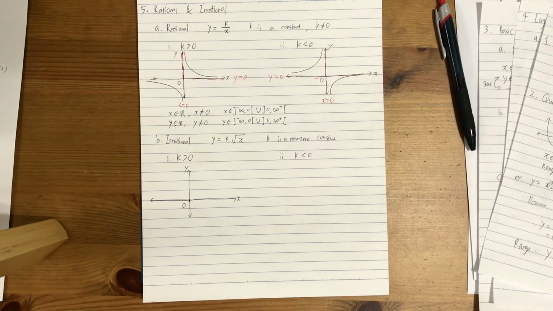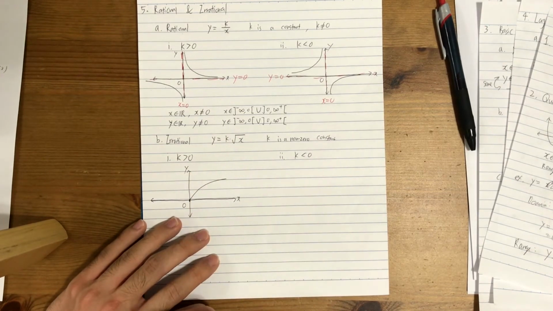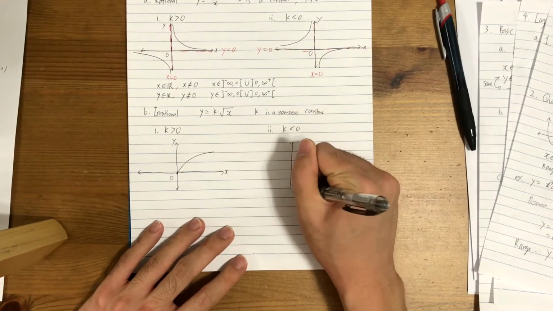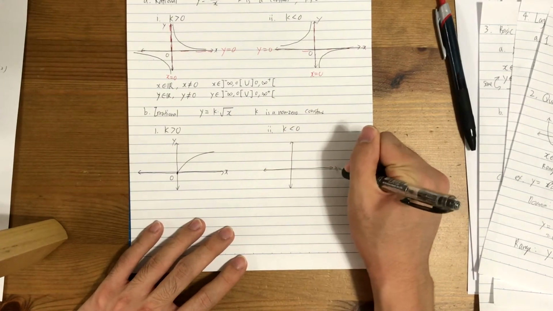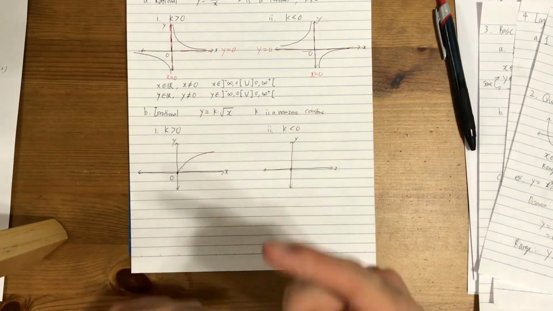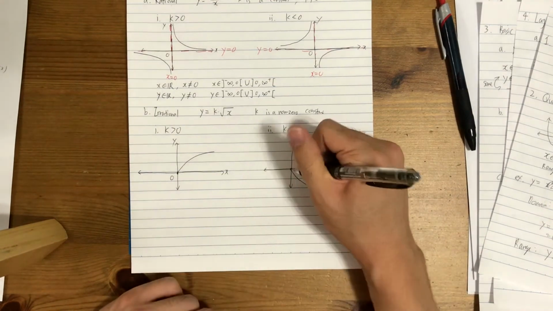And what happens as x gets positively larger? Then it looks like this. Okay? Then what about when the case is negative? Again, nothing changed, but just k became negative. So just flipped like this.